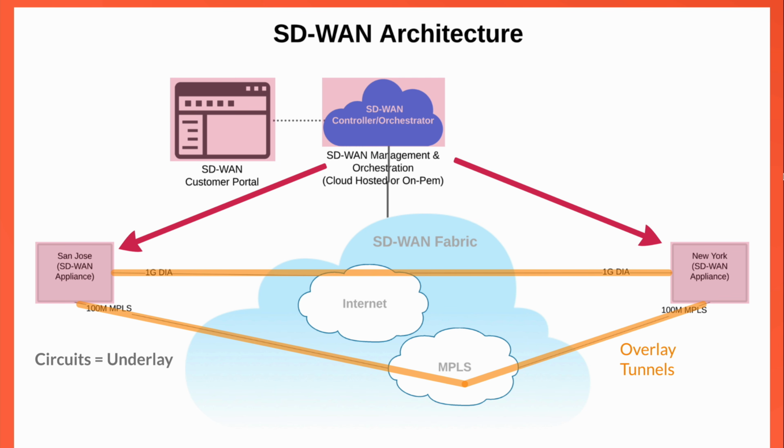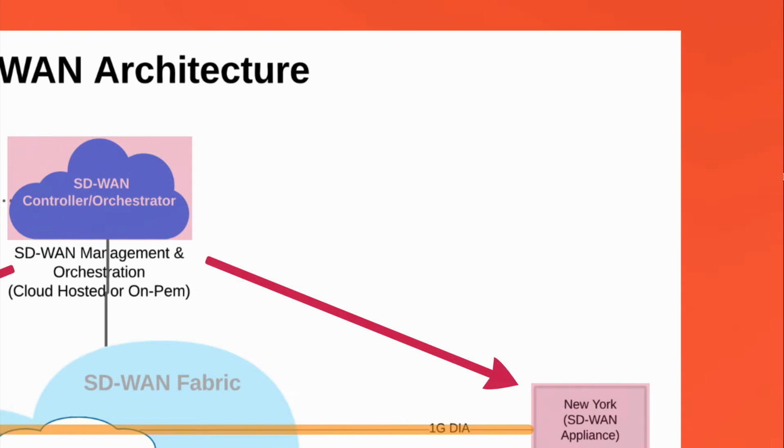We may have these circuits delivered via Ethernet, 4G, 5G, LTE, or you pick your flavor. It could be any of those combinations, and we can go ahead and build overlays on top. Regardless of the underlay, we can create different types of topology. That's what makes SD-WAN so powerful compared to the traditional or old school WAN.